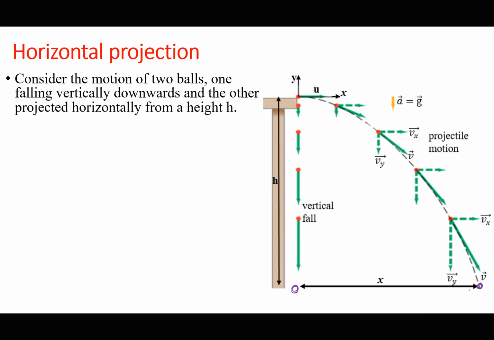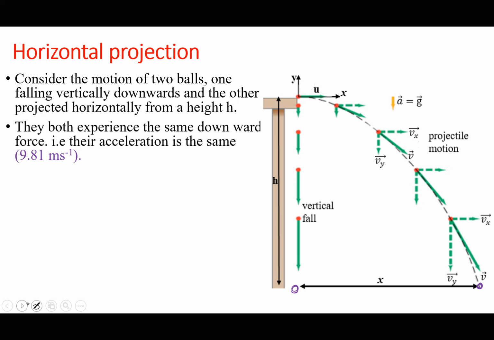Number one, remember, the only force acting here is the force due to gravity. So it means they both experience the same downward force, which is going to be the force due to gravity. Because the body which was projected horizontally was left to move under the influence of gravity, which is acting vertically downward. So both of them are going to experience the same acceleration, which is 9.81.